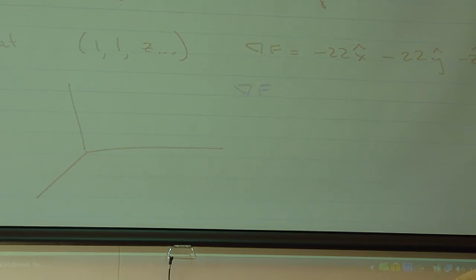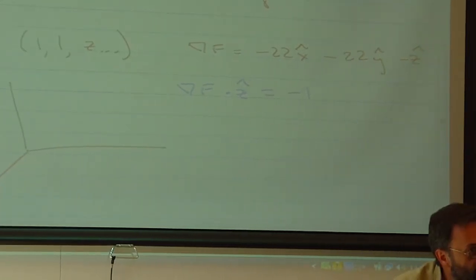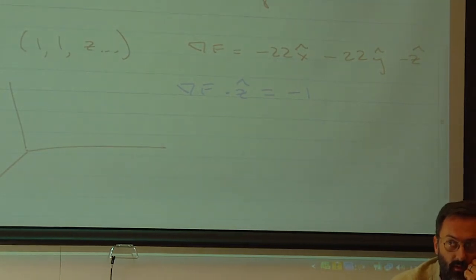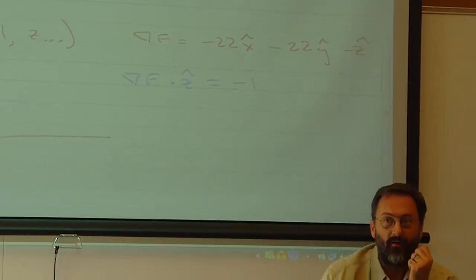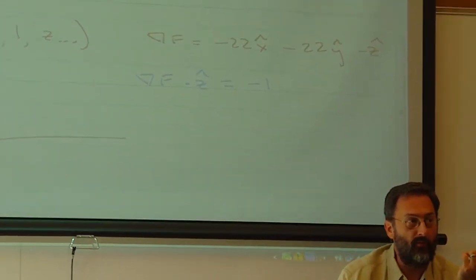The gradient of f dot z hat is -1. Everybody agree? You good? Are people confused about why I'm doing it, or are people confused about what I just did?